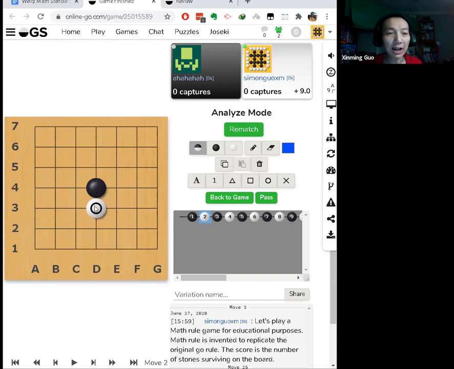Usually when two colors contact each other, there are several possibilities for black. One is this one, 长. Another option is this one, 班. So basically there are two options, both acceptable for both players.